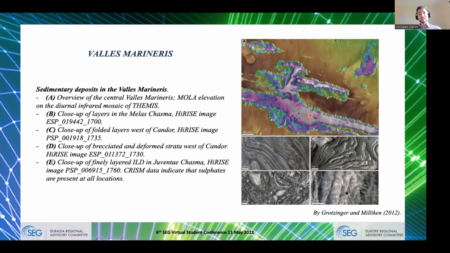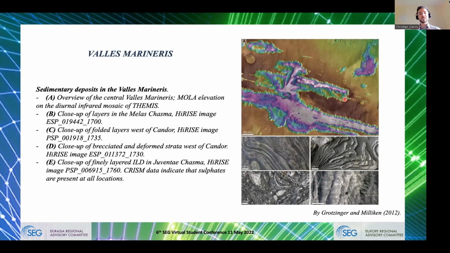Valles Marineris has a lot of distinctive structures, as we can see in figures B, C, D, and also compressive structures, like in figure E. Here we have the compressive structure where the ILD resides. What about the ILD? ILD means interior layered deposits.